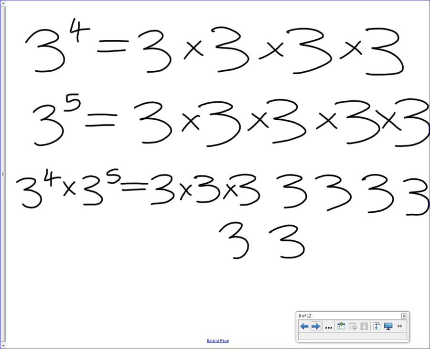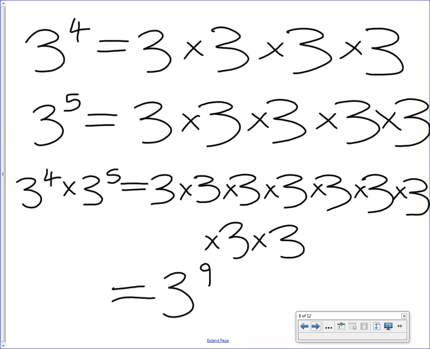You can see why powers are so handy. You don't have to actually write this all out. So, we've got 9 3's with multiplication signs in between them.